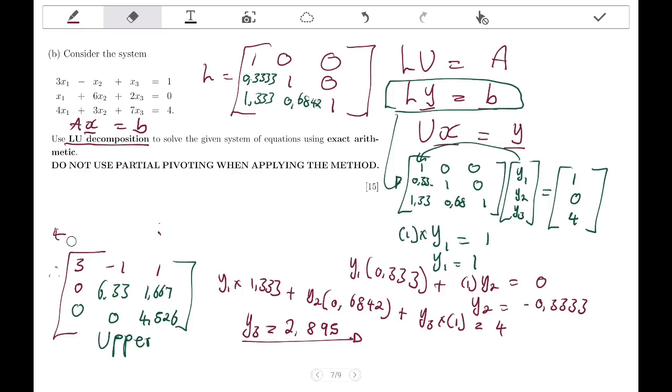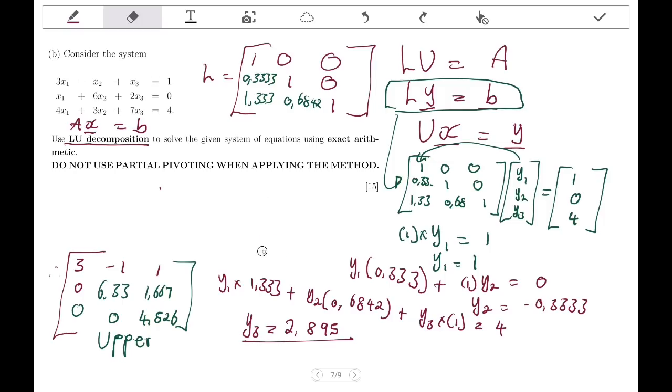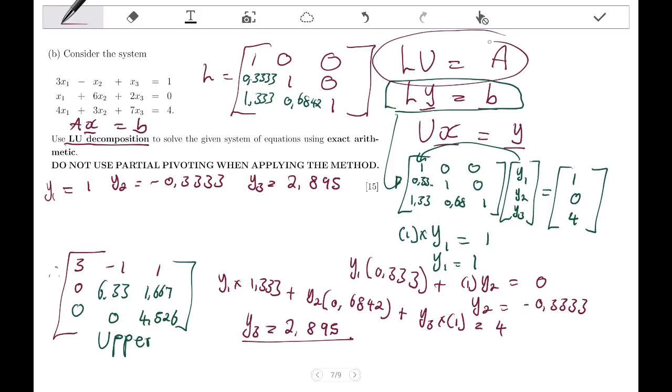So y1 is equals to 1, y2 is equals to minus 0.3333, and then y3 is equals to 2.895.